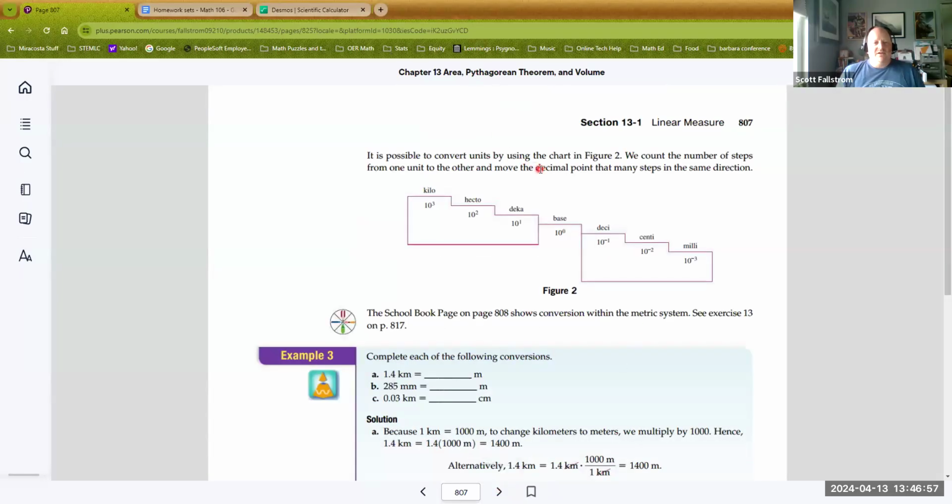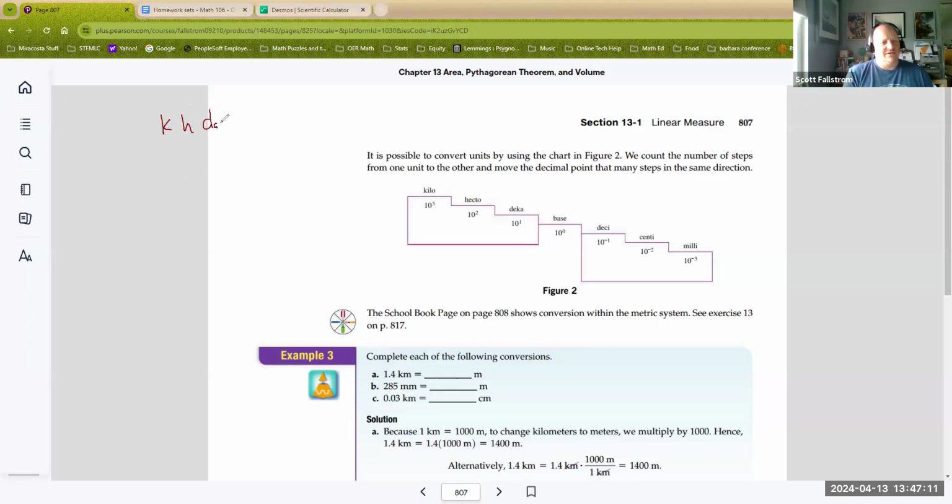It is possible to convert units. From the chart, we count the number of steps from one unit to the other and move the decimal point that many steps in the same direction. Now, that is fantastic, and to me it's also a little bit long. So if you have King Henry's dear mum drinks chocolate milk, and you have 1.4 kilometers, and you want to move to meters, think of yourself being right here and just walking 1, 2, 3 steps.